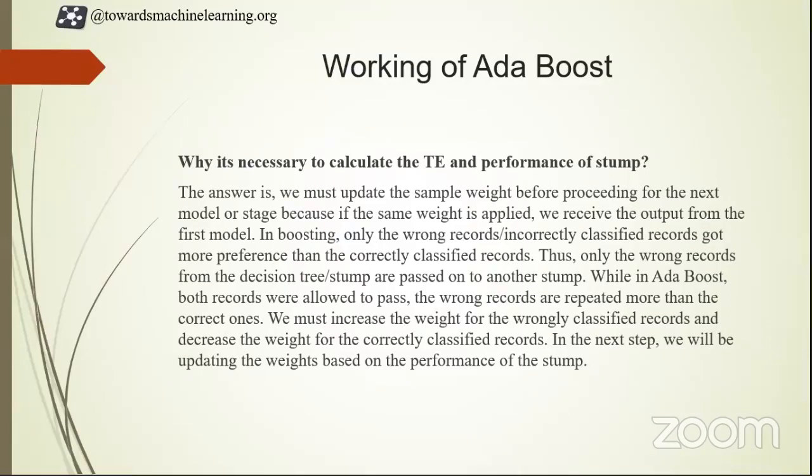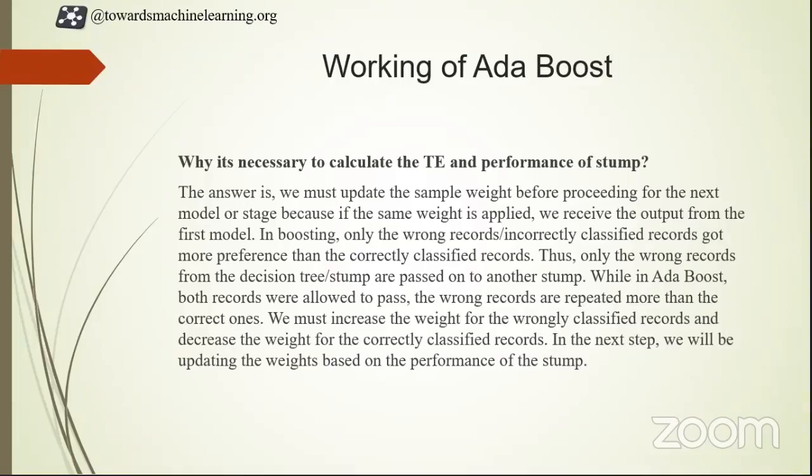As I told you, we have to increase the weight for the misclassified samples, and decrease the weights for the correctly classified samples. That's the main reason behind why we are calculating this total error and the performance of the stump. Because in boosting, only the wrong records, the misclassified records, get more preference than the correctly classified records.